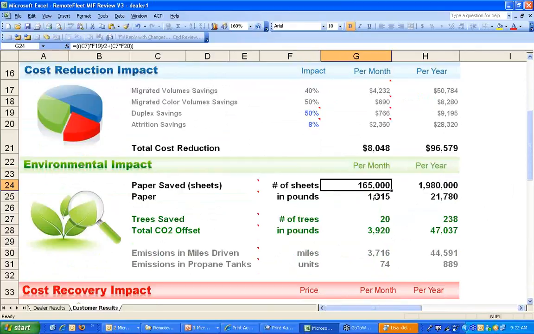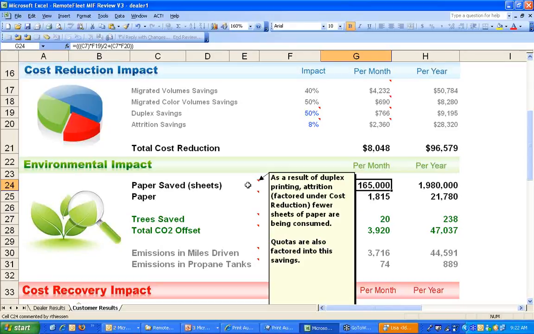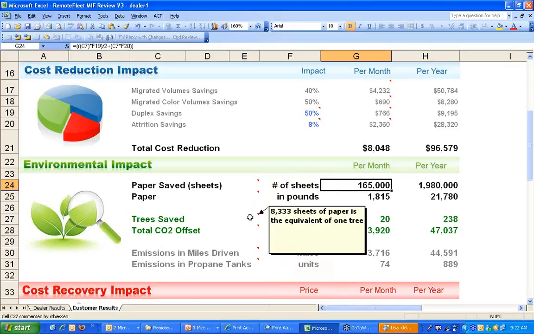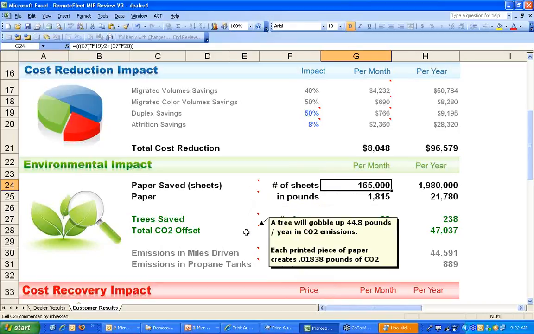And we took numbers from HP and from the EPA, the Environmental Protection Agency, in order to make up these values. They're a result of essentially not cutting down trees, because the EPA estimates that each tree is worth about 8,300 sheets of paper. Now, they also estimate that a tree will consume about 44 pounds of CO2 each year.